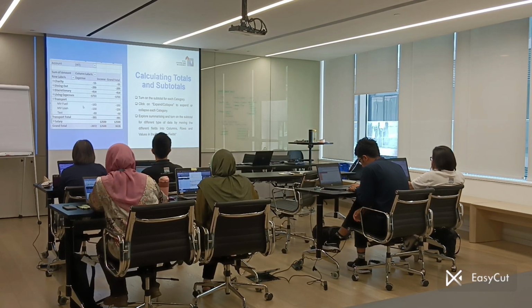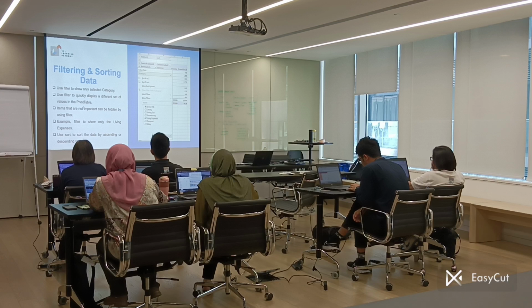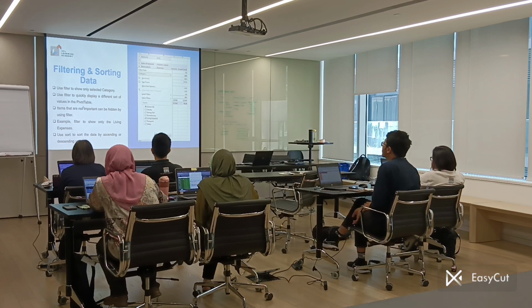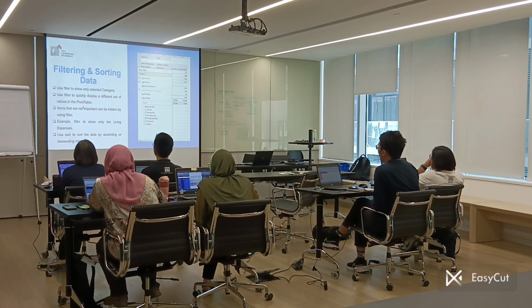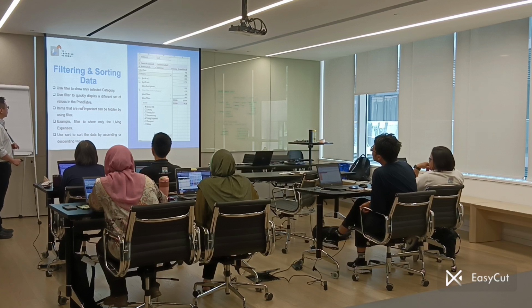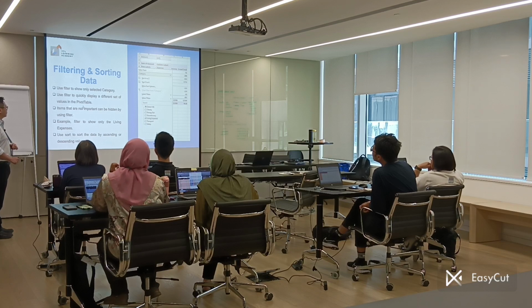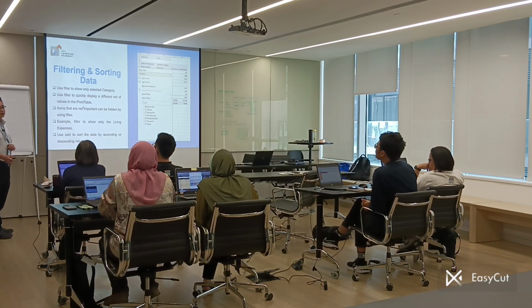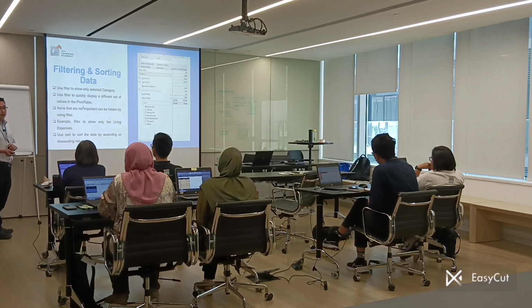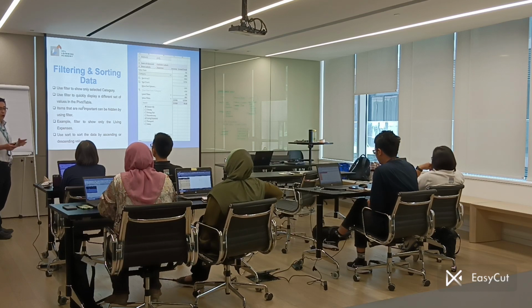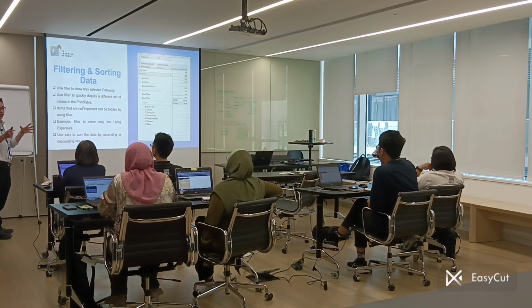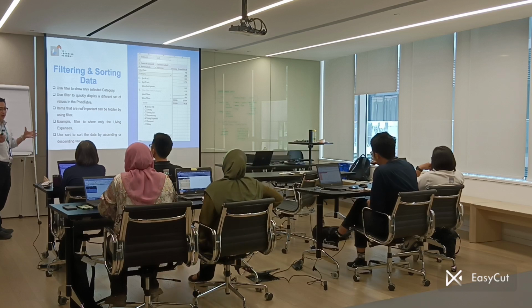Then next, filtering and sorting. Also, we went through just now, by category. This one I just want to share with you. We use filter to quickly display a different set of values in the pivot table. Sometimes when you have thousands or 10,000 rows of data, everything lumped in, although it helps you to categorize and group them already, it's still a lot.